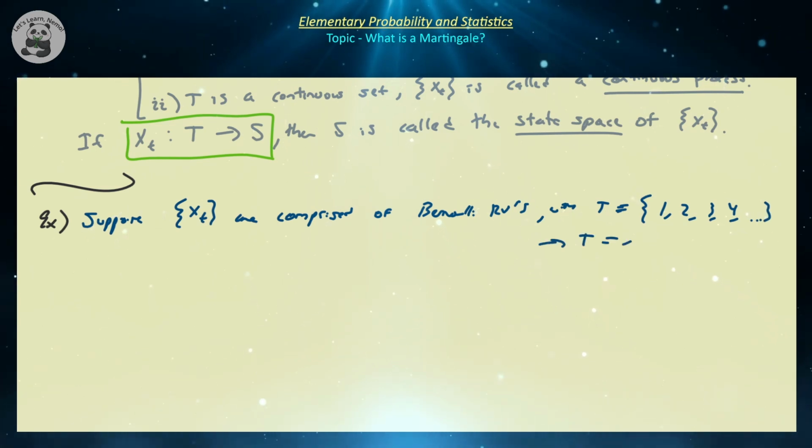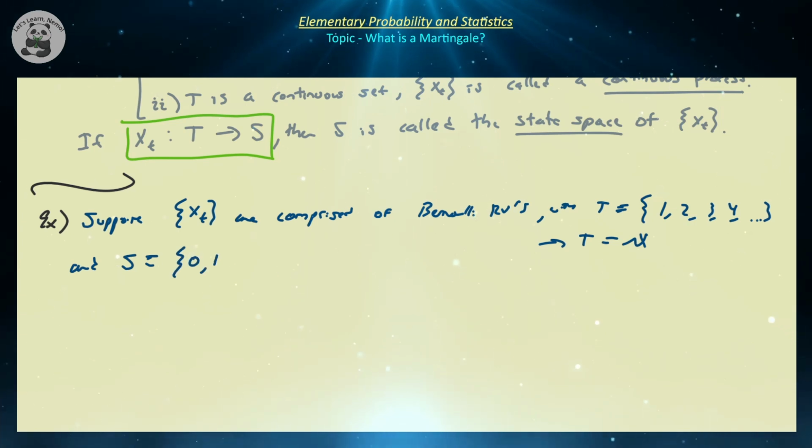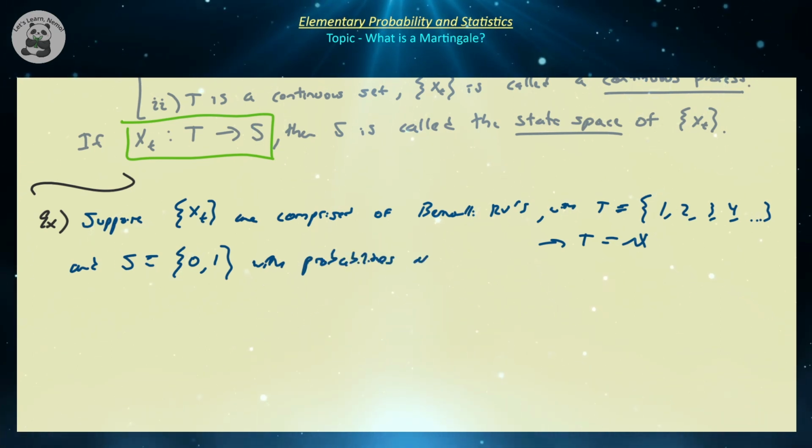So in particular, T is the set of natural numbers. And since we're working with Bernoulli random variables, obviously the range should be a binary set. Let's take the traditional {0, 1}. And let's assume that each of them has a probability of success, let's call it p_t.